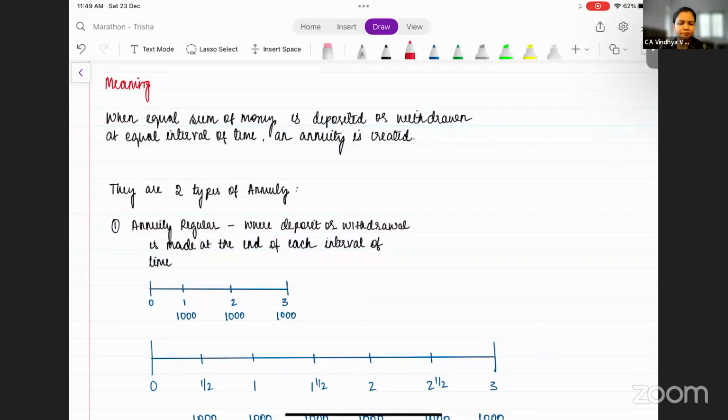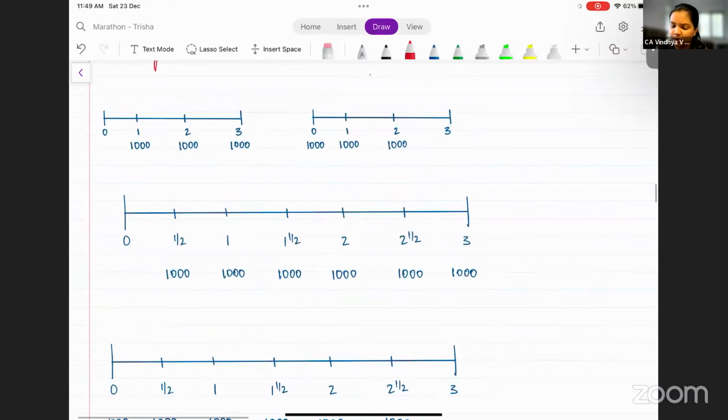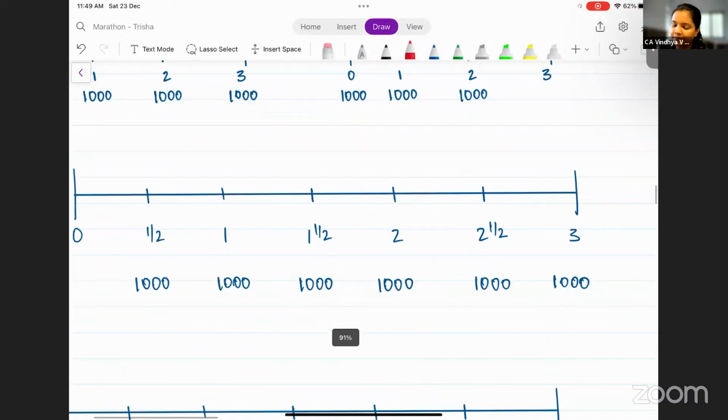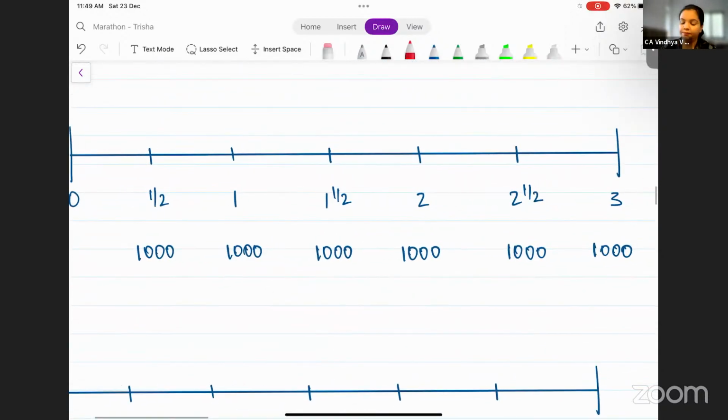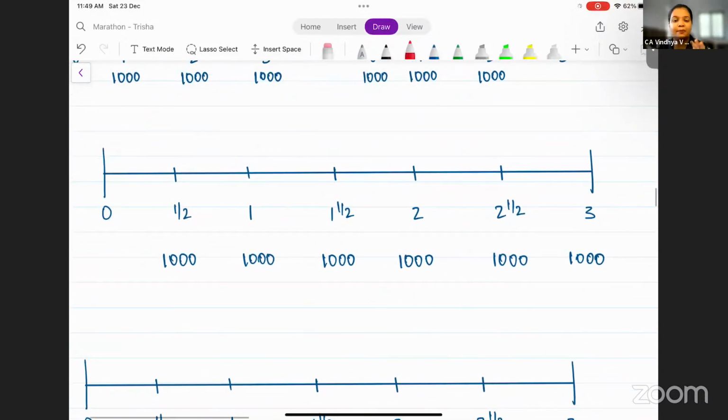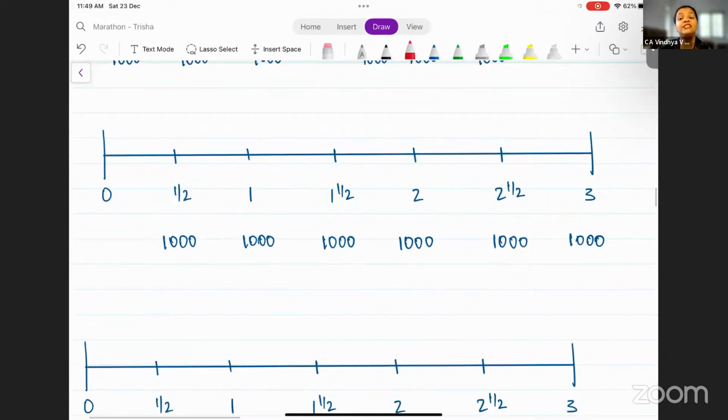Now, see this example here. Concentrate on this example. What has happened here? Let's say I've deposited 1,000 every 6 months. So every 6 months, I have deposited 1,000 rupees. Equal sum of money 1,000, 1,000, 1,000, and equal interval of time 6 months, 6 months, 6 months.